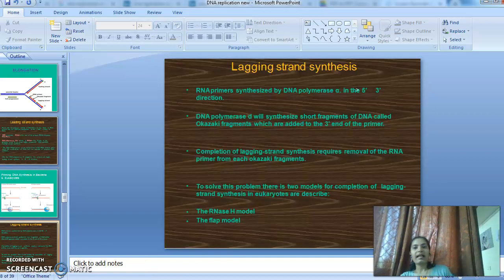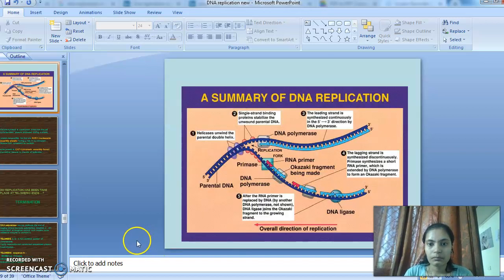Now next is the lagging strand synthesis. RNA primers synthesized by DNA polymerase alpha are used, and they are for the 5' to 3' direction. For the lagging strand, the Okazaki fragments are formed wherein small parts of DNA are synthesized, which are later joined together. So this is the summary of DNA replication.